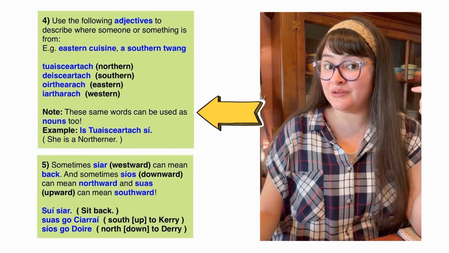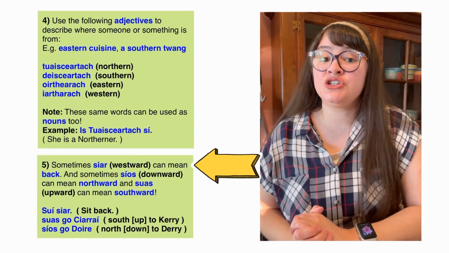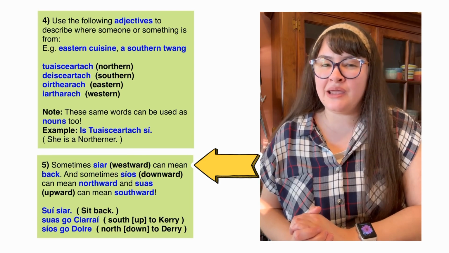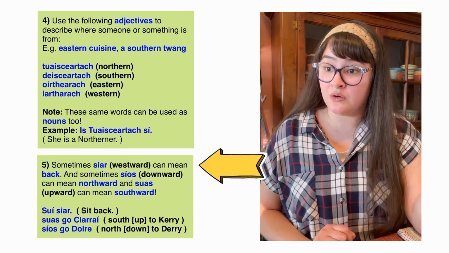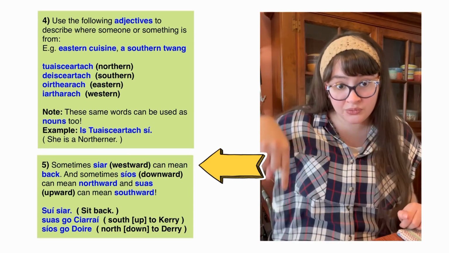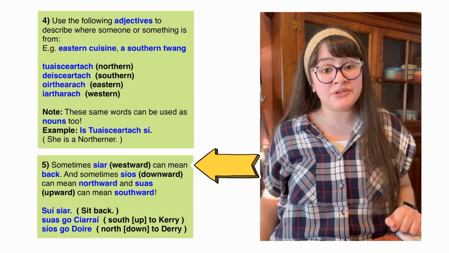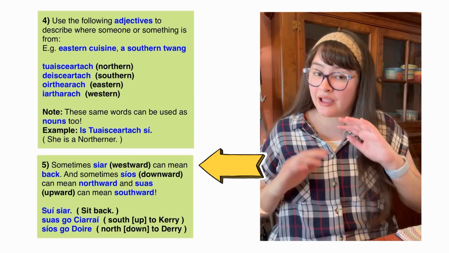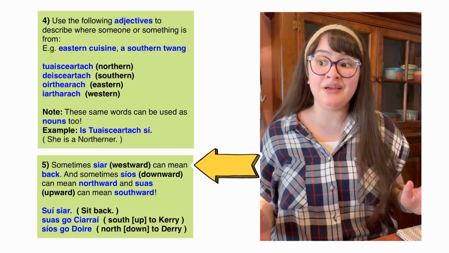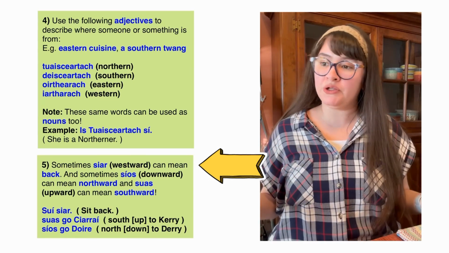And the last tip, tip 5, sometimes sheer, westward, can mean back. And sometimes, here's where it gets weird, y'all, she's, downward, can mean northward. And suis, upward, can mean southward. I don't know why, it's just a thing to be aware of. So if you hear that, you know what's being said.